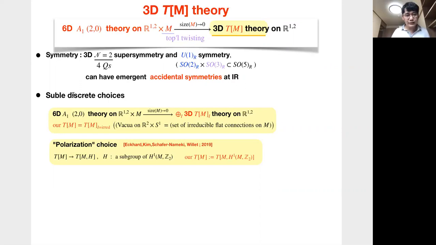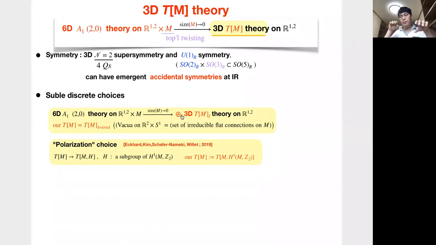There are subtle issues in defining this theory, but this is not so important to my talk. So if you are not familiar, you can ignore it, but let me explain it. When we do the compactification on a compact three-manifold, the resulting 3D theory is generically not a single 3D theory, but a direct sum of several different theories, because in the compactification there could be some discrete components of the vacuum, and we should choose which vacuum we are compactifying.